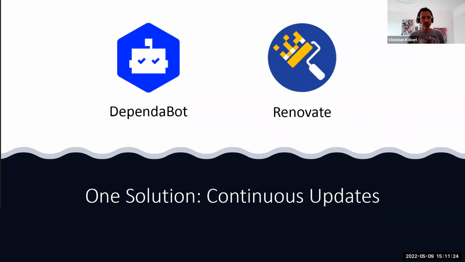So yeah, one solution to this problem is what I call continuous updates. So you just try to keep up with the updates churn and keep up with the edge, and always update your packages so that if there is a vulnerability, you can easily upgrade to the next version. And if any vulnerability is found in an older version, then you don't have any problems because you're already at the newest version.